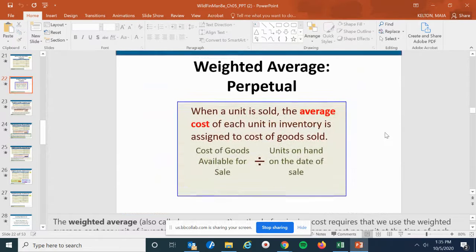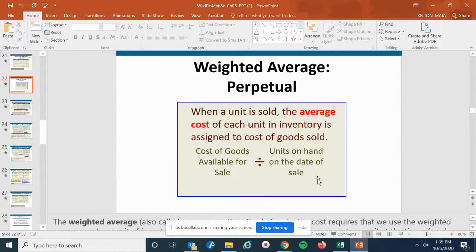The third one that we are going to look at is what's called the weighted average inventory method. Rather than looking at which unit was sold first or which unit was sold last, we calculate an average cost of each unit in inventory. We'll take the total cost of goods available for sale. That was the reason why I showed you the slide from chapter 5 a little earlier on.